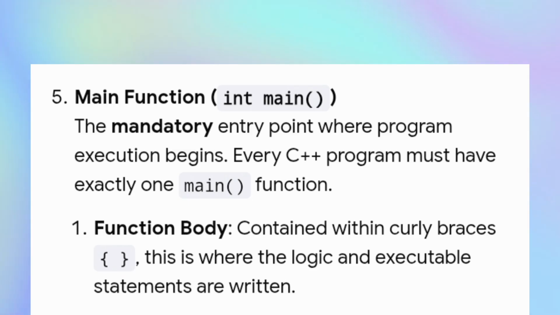Main function: int main() is mandatory and is the entry point where program execution begins. Every C++ program must have exactly one main function, with the body contained within curly braces, open curly and close curly. This is where the logic and executable statements are written.